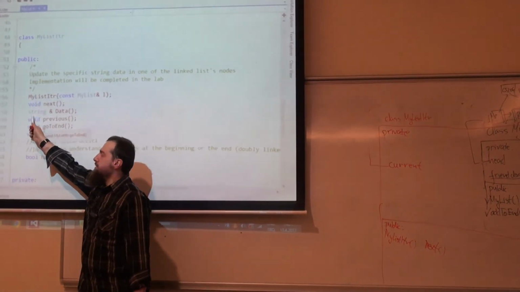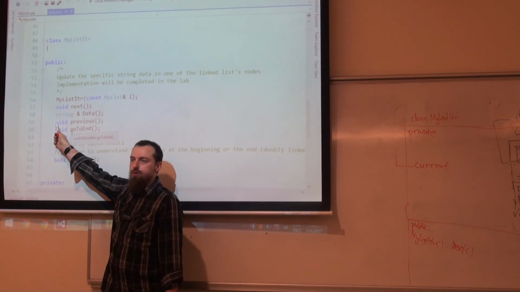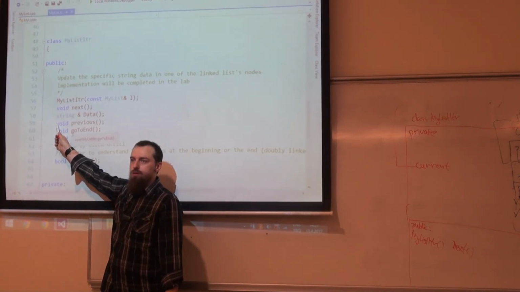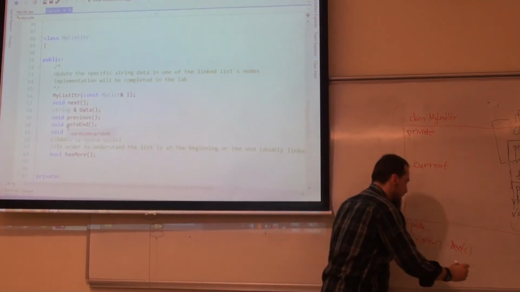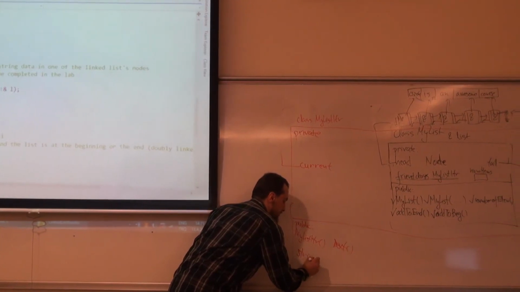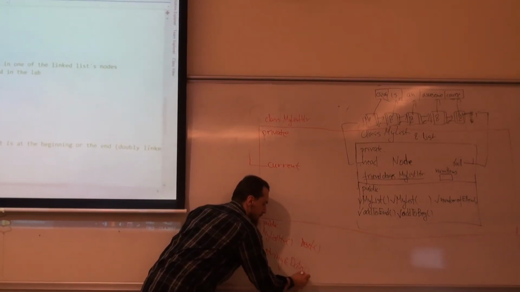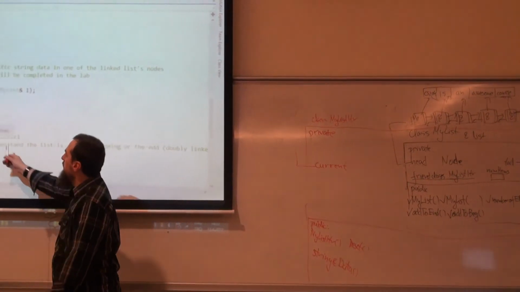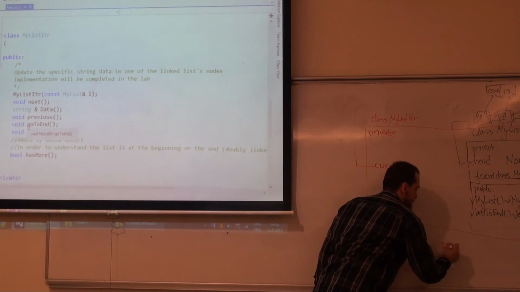Data, and it returns a string. So can you tell me what this function is going to do? You have an idea or not? Okay, just let me write it. It returns a reference to a string, and the name of the function is data. We have previous, go to end. So we have previous.